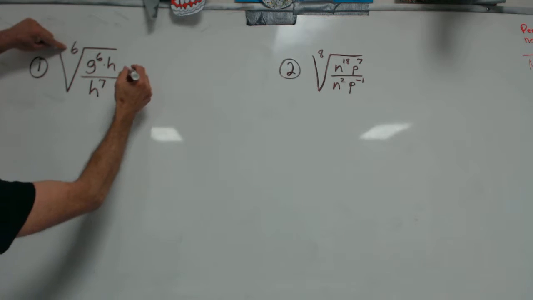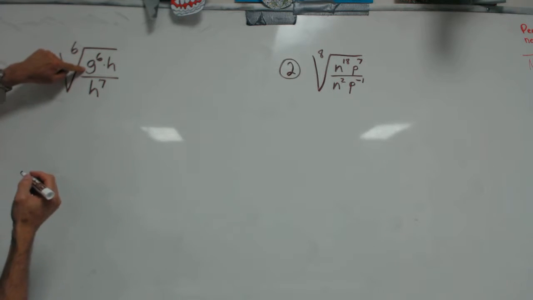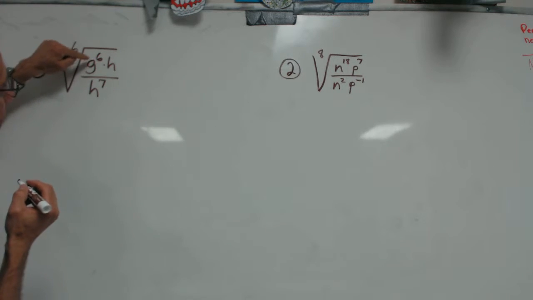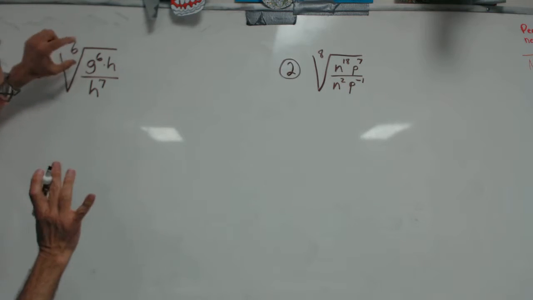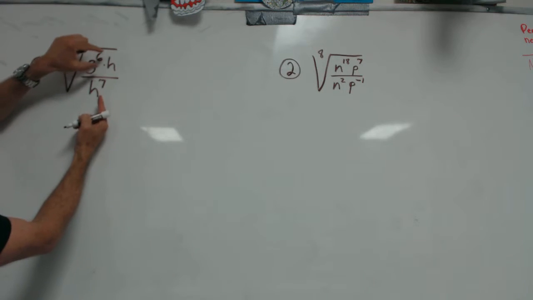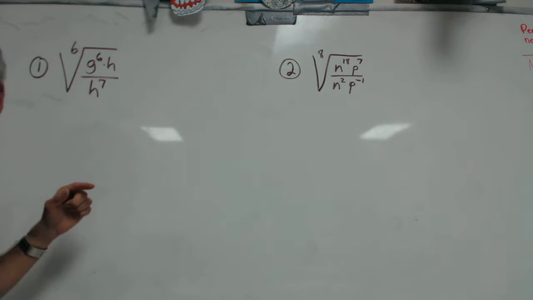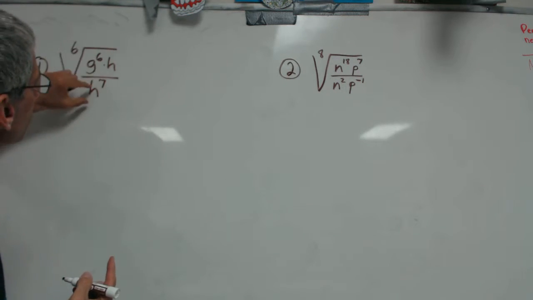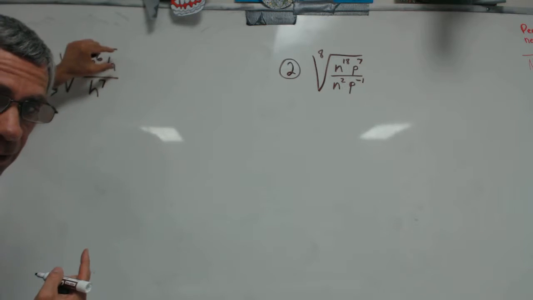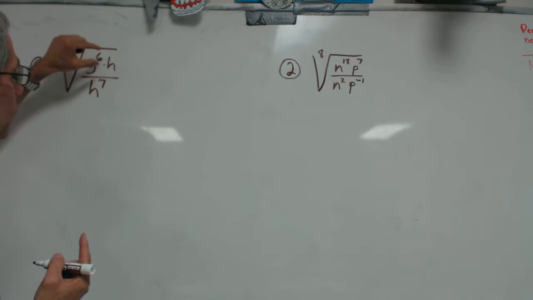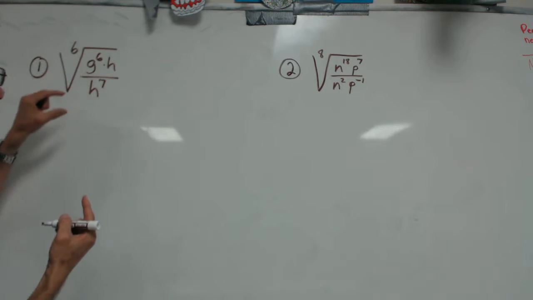So I see immediately that I'm going to be able to take the sixth root of g to the 6, which is just going to be g. But I'm not going to deal with it yet. I'm going to wait, because I want to look at the h's. I want to get the h's on the same level, either both in the numerator or both in the denominator.